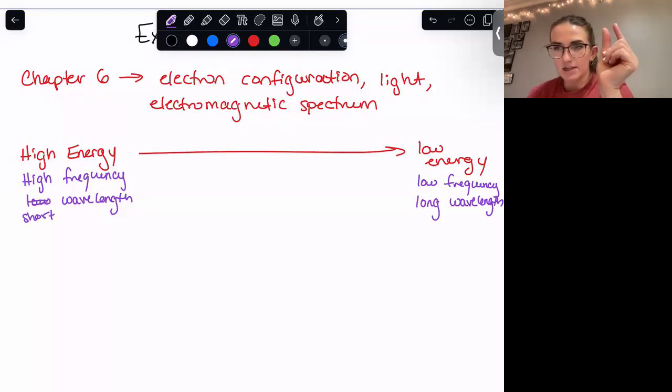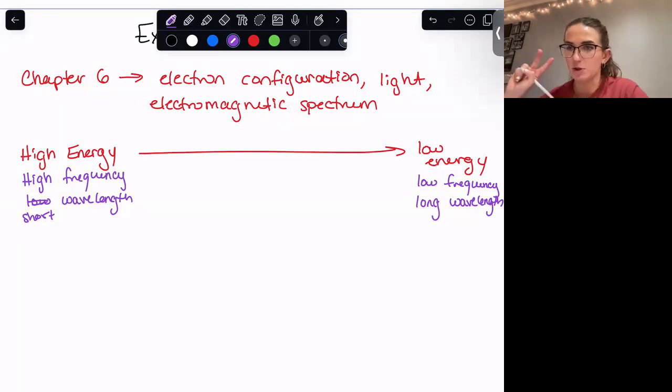They happen really tight together, oscillating very quickly, and their wavelength is very short. But low energy is going to be your radio waves. Those are very long. They have to go around buildings, so they don't oscillate as quickly, and that means their wavelength between 2 points on the wave is longer.